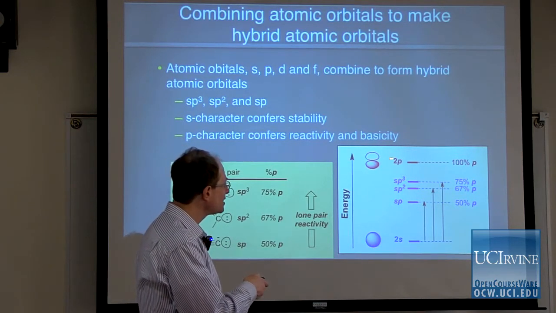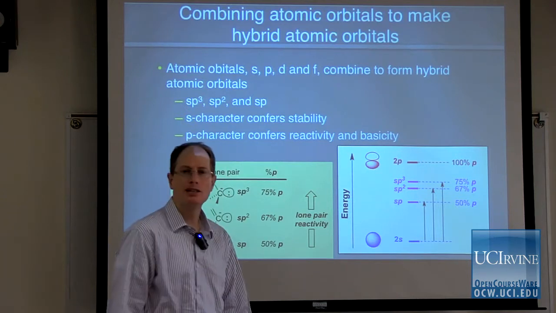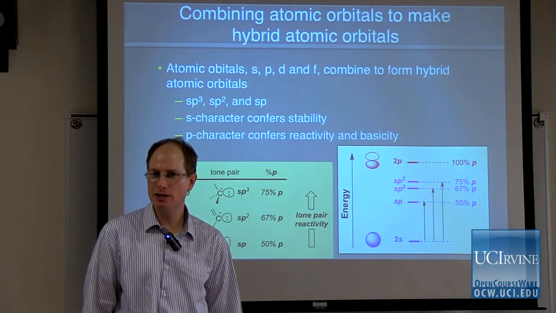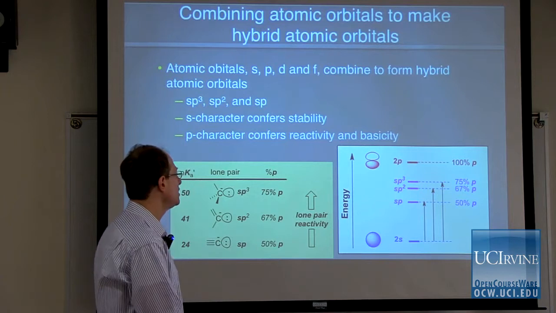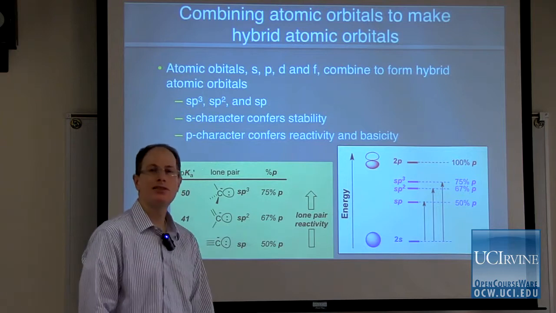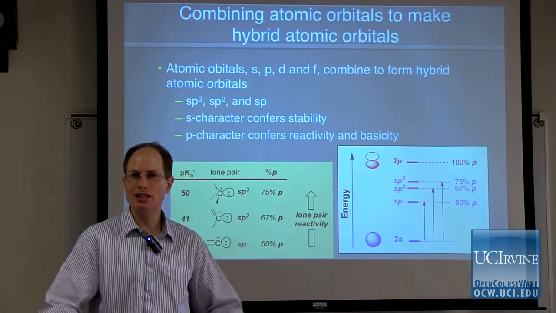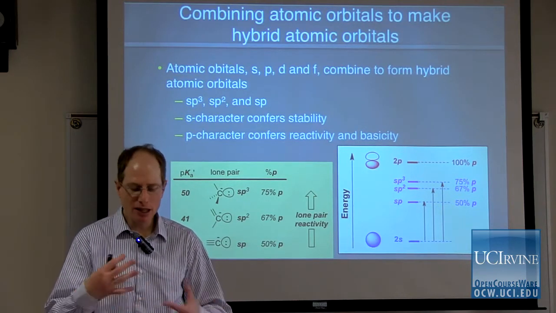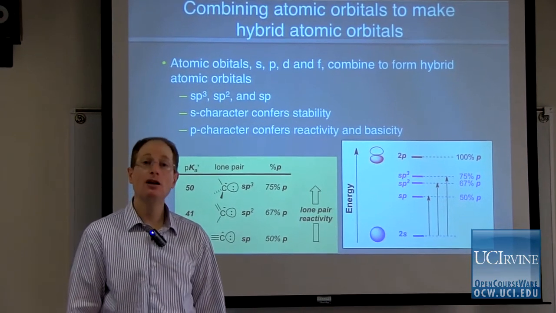They are not allowed to get too close to the positively charged nucleus. And so for this reason, the s character of a hybrid atomic orbital determines the stability of the electrons in that orbital.